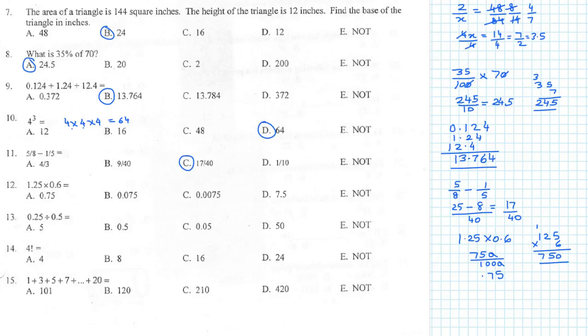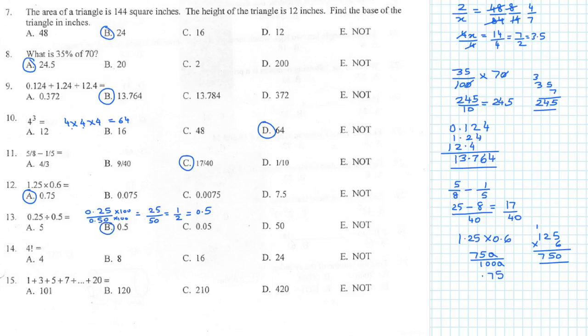So A is the correct answer. Question number 13. 0.25 divided by 0.5. So this is 0.25 divided by 0.50. So if we multiply and divide by 100, you will see that this is 25 over 50, which is 1 over 2, which is nothing but 0.5. So B is the correct answer.